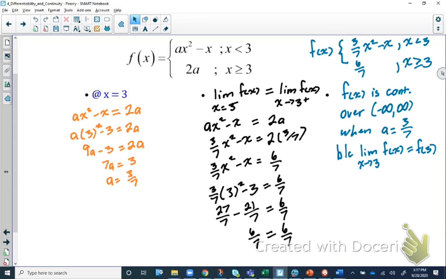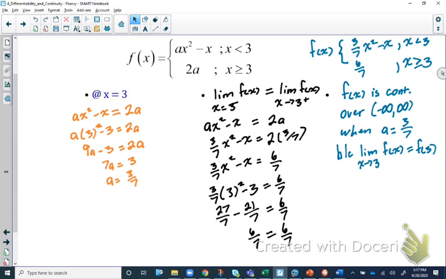So ax squared minus x is equal to 2a, and substituting the 3 in for the x's on the left side gives me 9a minus 3 is equal to 2a. Getting a by itself gives us a is equal to positive 3 over 7.